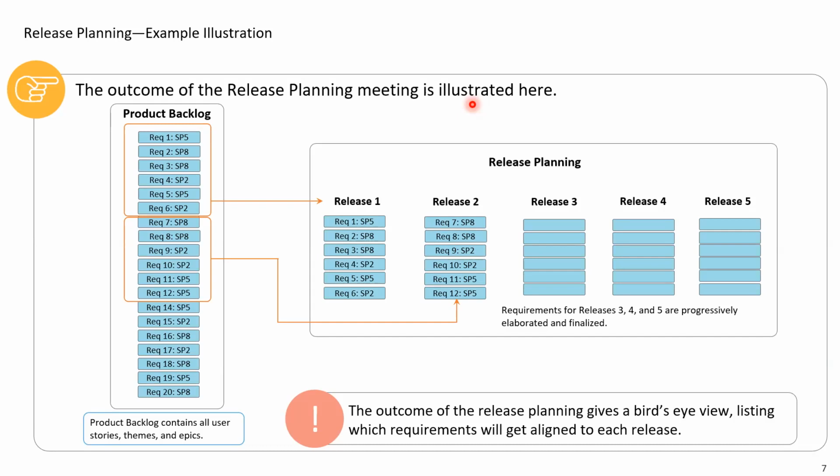When we talked about the scope statement or a work breakdown structure, we talked about freezing. We sign off the scope, we freeze it, we create a boundary.